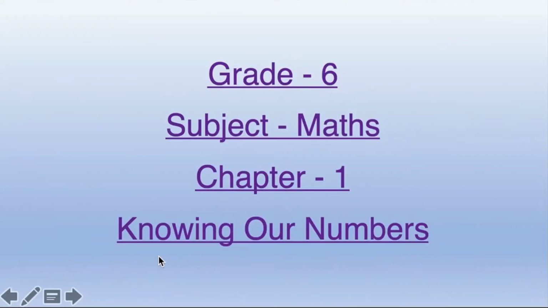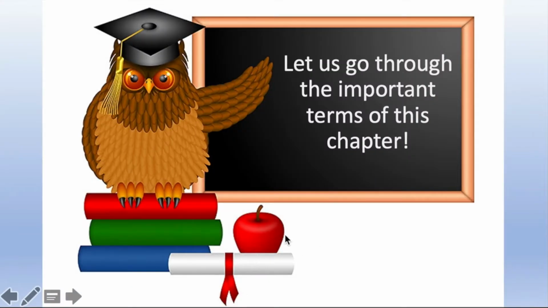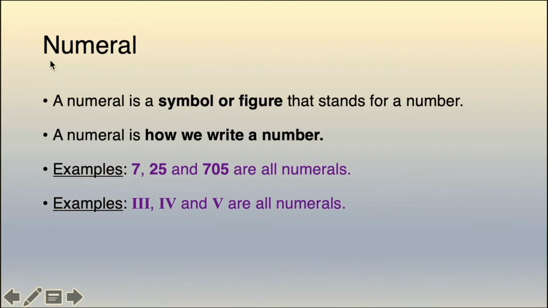So let us view this PPT for the first chapter, that is knowing our numbers, which consists of the important terms of this chapter. Now, what is a numeral? A numeral is a symbol or figure that stands for a number. A numeral is how we write a number.